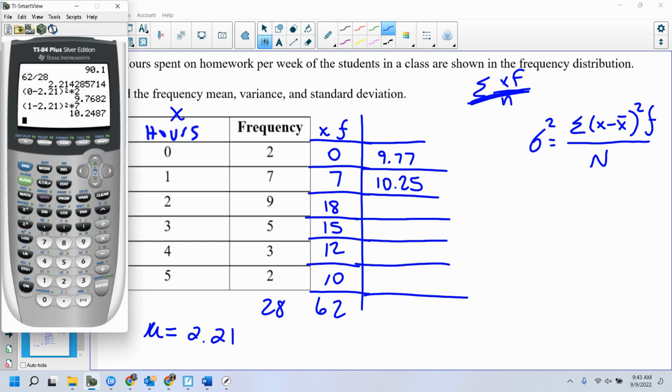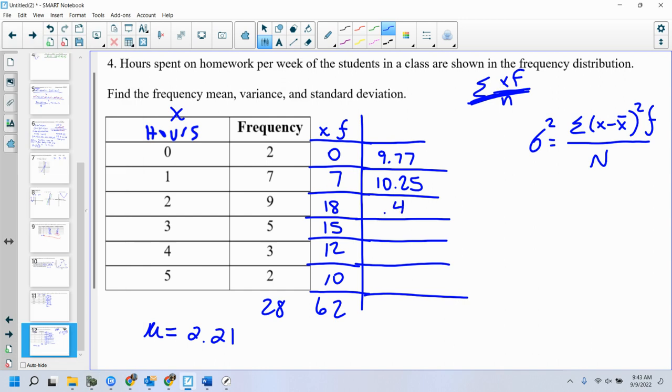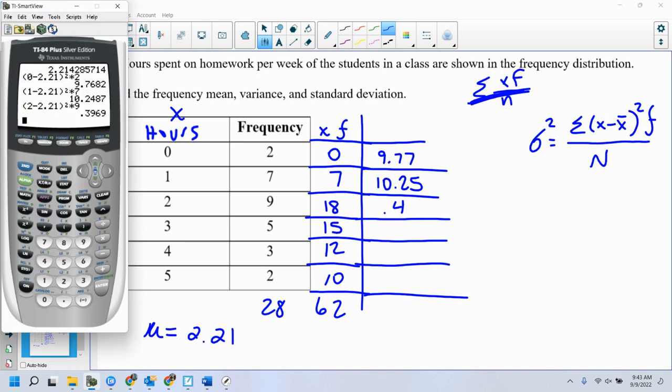Okay, do the same thing, but instead of 1, my x is now 2, and instead of my frequency of 7, my frequency is now 9. 0.39, I'm going to round it to 0.40. Same thing. Now x is 3, and my frequency is 5. 3.12.